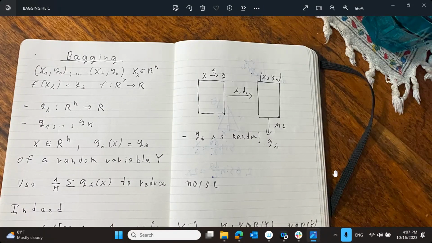In addition, this is a good precursor to another non-parametric technique that is often used in a variety of ways, and it's very fundamental and important in machine learning, which is called bootstrapping. So this is bagging, and bootstrapping will come later.